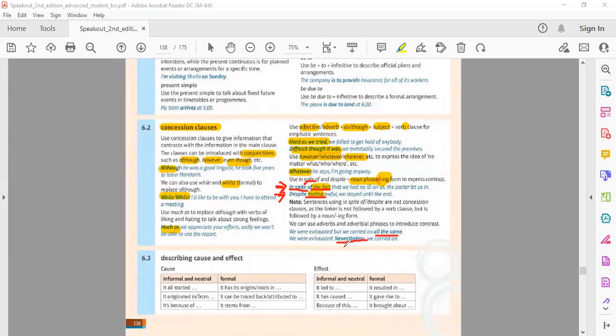"Nevertheless" is an adverb here. We were exhausted. Nevertheless, it means here "even though": even though we were exhausted, we carried on. This is the meaning of nevertheless, okay? So we were exhausted. Nevertheless, we carried on.